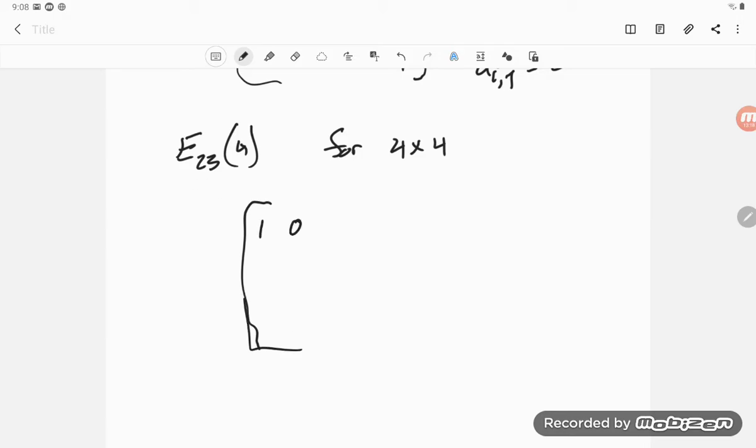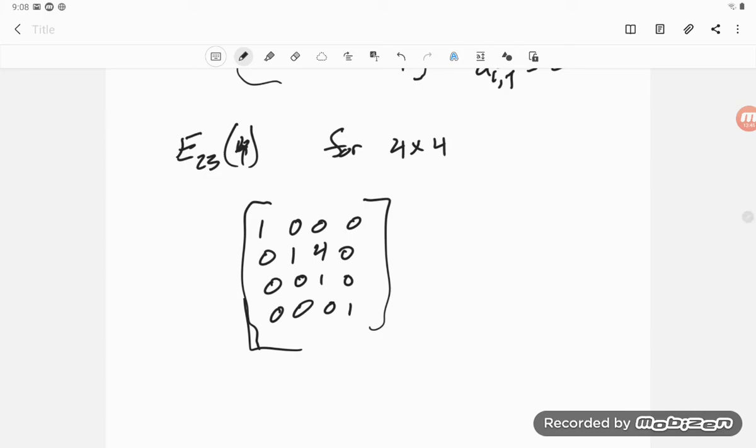So it's 1, 0, 0, 0, 0, 1, and then the third column needs to be a 4, and then a 0. And then 0, 0, 1, 0, and 0, 0, 0, 1. Okay, so we can make those matrices pretty fast.